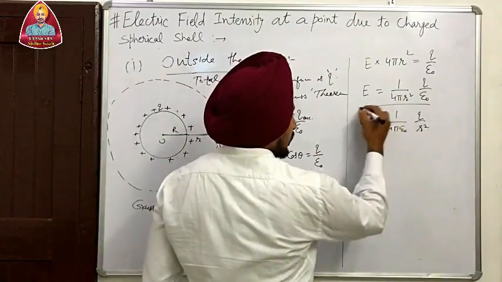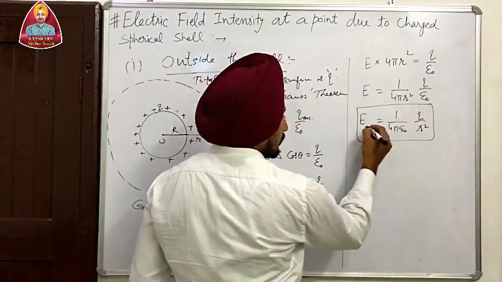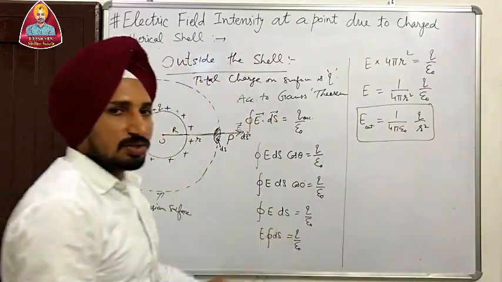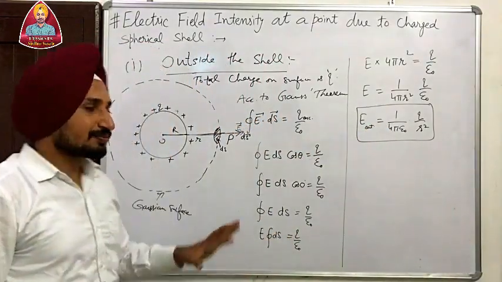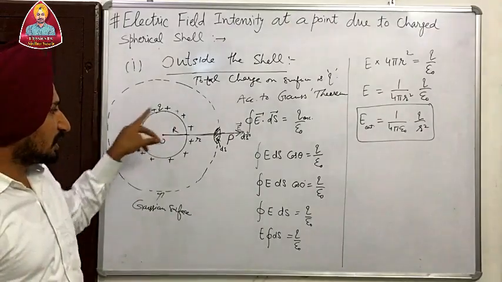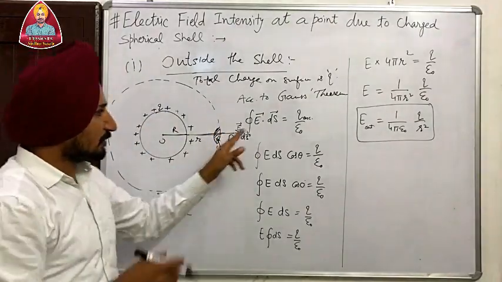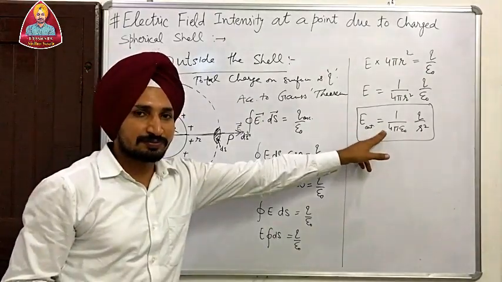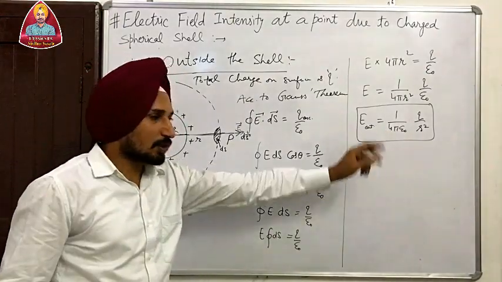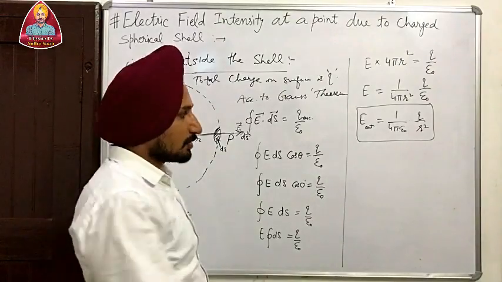This is the expression for electric field intensity outside the spherical shell. Due to this spherical shell at point P, the electric field intensity will be this. Clear?